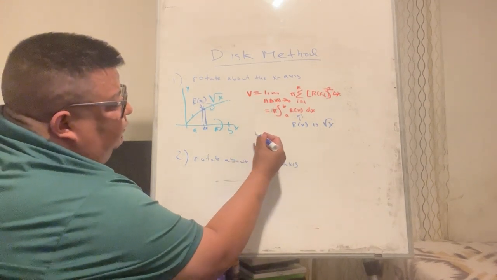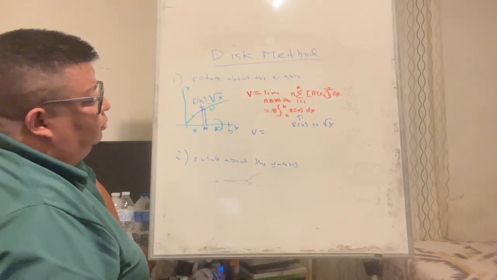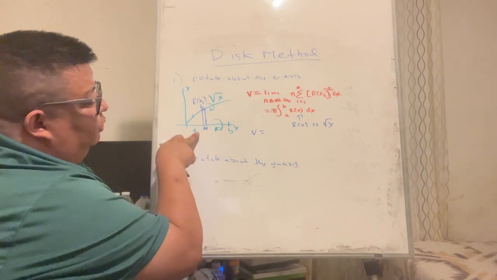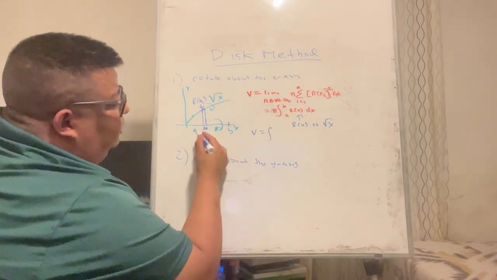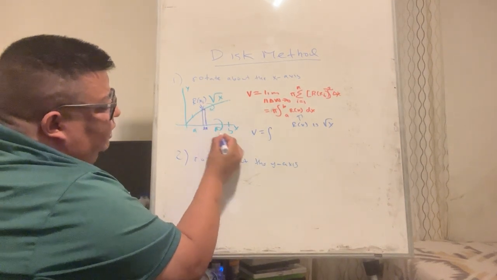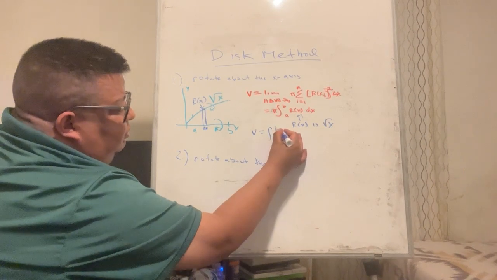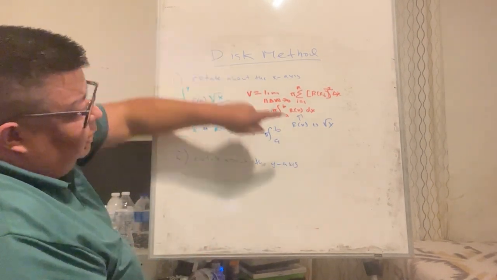So in this case, your volume is going to be, if you want to revolve your slab from a to b, the integral from a to b. So what is your R(x)?